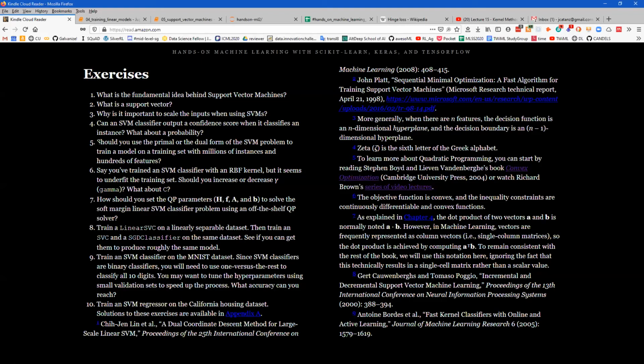So the 5th question is, should you use the primal or the dual form of the SVM problem to train a model on a training set with millions of instances and hundreds of features? Use the dual when you have more features than instances, right? Yes, but in this case you have only hundreds of features, whereas millions of data points.